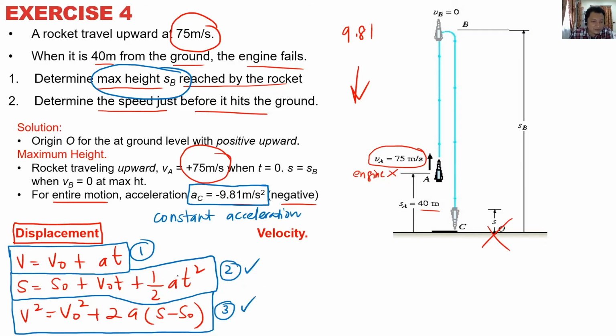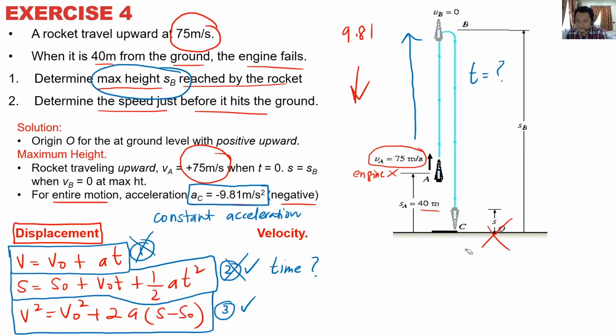But for number 2, you need to find time. In this equation, you have time, and if you don't have time, you cannot solve it. So what is the time? You don't know yet. You are trying to go up maximum, but they never give you the time. So you cannot use the second equation or the first equation; only the third equation is left. So you have to use the third equation. How to do it?